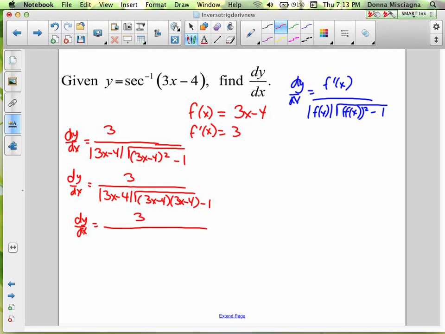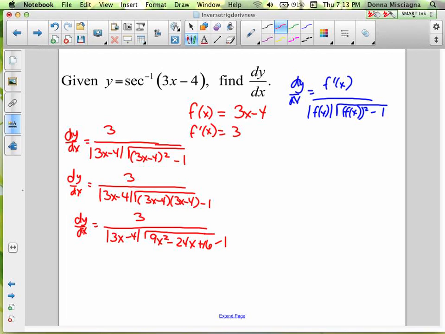Right, so dy/dx equals 3 divided by the absolute value of 3x minus 4 times the square root of, so we've got 3x times 3x would be 9x squared. We got 2 negative 4 times 3x's, so that's going to be minus 24x, and negative 4 times negative 4 plus 16, and then minus 1.